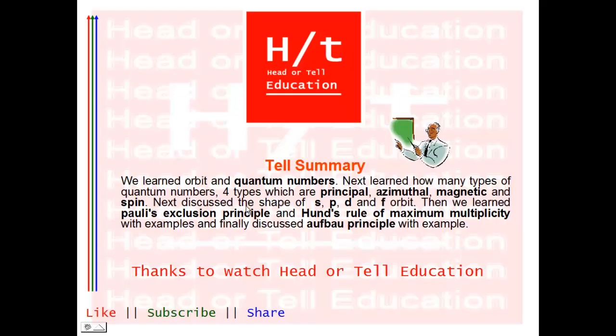Next, we discussed the shapes of the s orbital, p orbital, d orbital, and f orbital. Then we learned Pauli's exclusion principle and Hund's rule of maximum multiplicity of electrons. Then examples, and finally we discussed the Aufbau principle for electronic configuration.